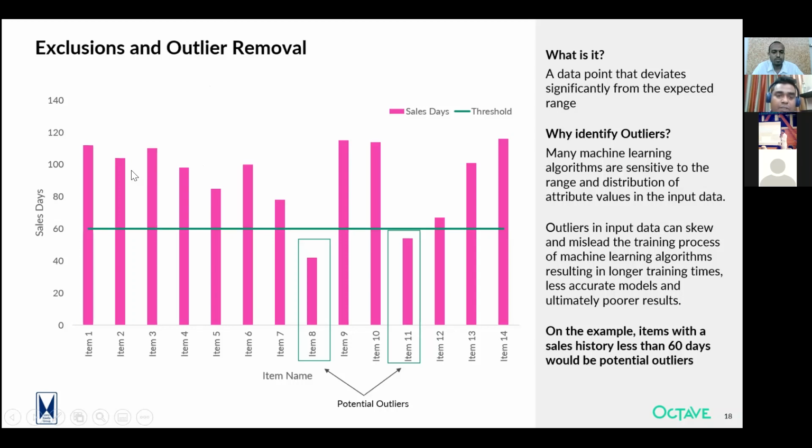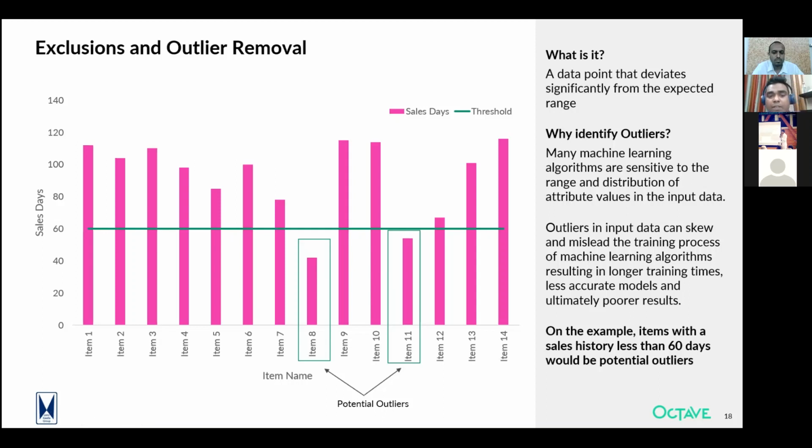If you see this graph, item 8 and item 11 have less sales data, right? So if you use this data to train the model, you are actually adding some noise to the model. For item 8 and item 11, you have very low sales, or you don't have enough data. So if you use this data to train your model, sometimes you're adding more error.